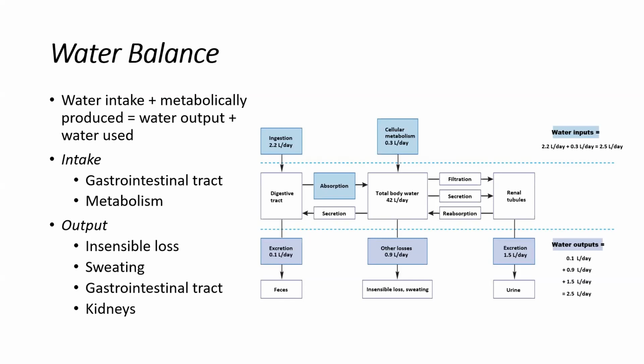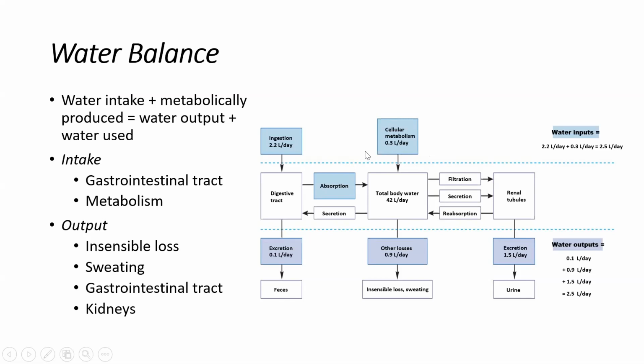If you think about cellular metabolism, this goes way back to A&P 1, where we talked about the process of cellular respiration and oxygen acting as that final electron acceptor. So when we make ATP via that process, we also make water. So a small amount of water is produced as a byproduct of cellular respiration. So that is another input of water as well.